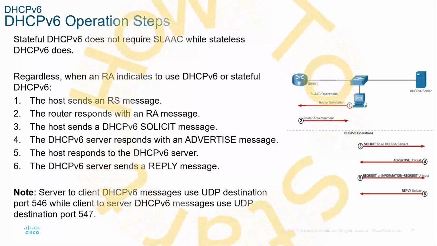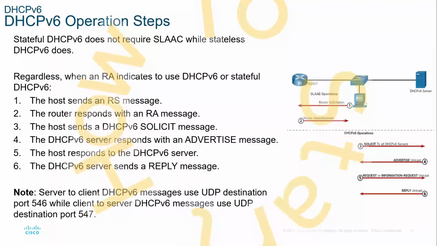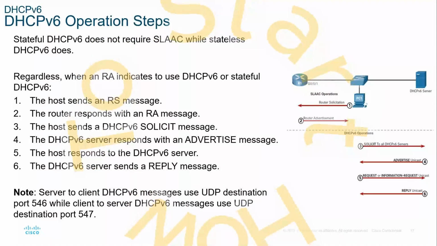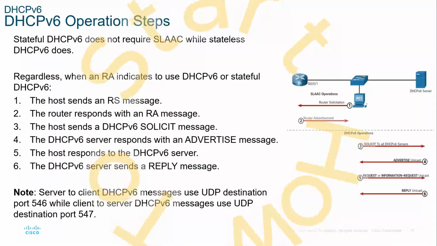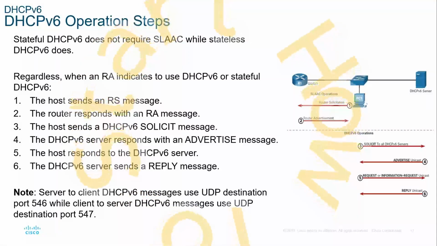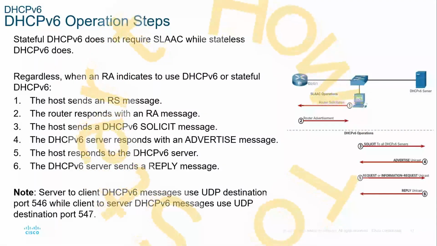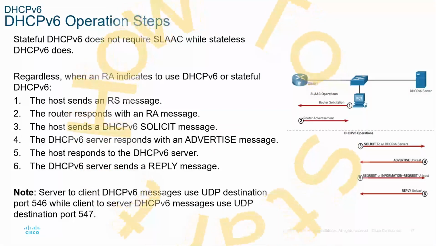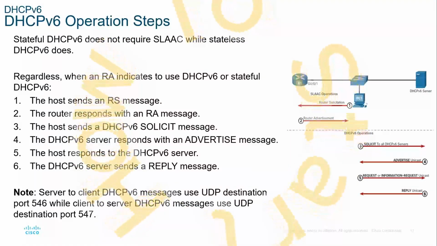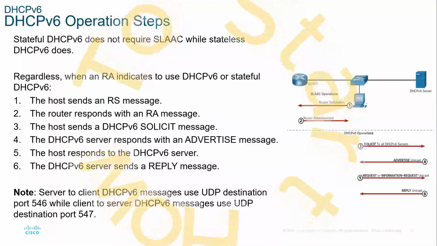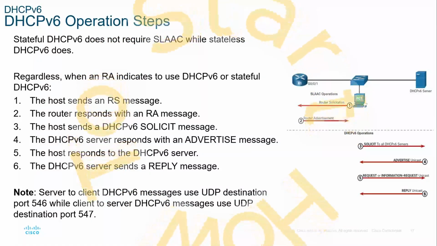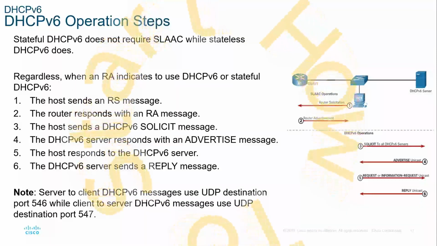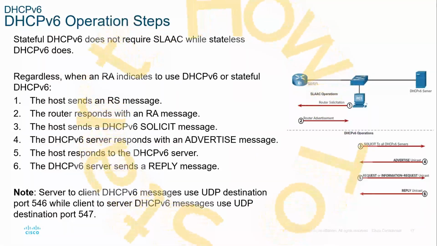Regardless of what we're doing, there is at least a basic understanding of how DHCP operates. The host will send a router solicitation. The router will respond with a router advertisement. If there is a DHCP server, the router advertisement will say, forward the rest of these questions to the DHCP server. So it will solicit to all DHCP servers.